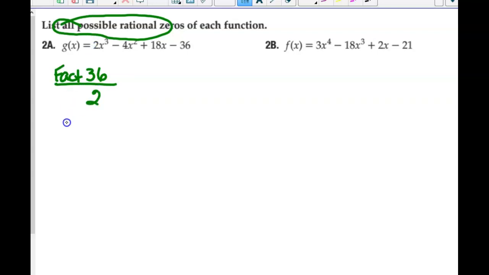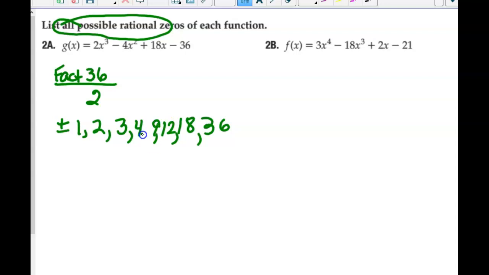This is a horribly long list. What goes into 36? 1 and 36, 2 and 18, 3 and 12, right, goes into 36? 4 and 9, and then 6. That's a lovely long list.